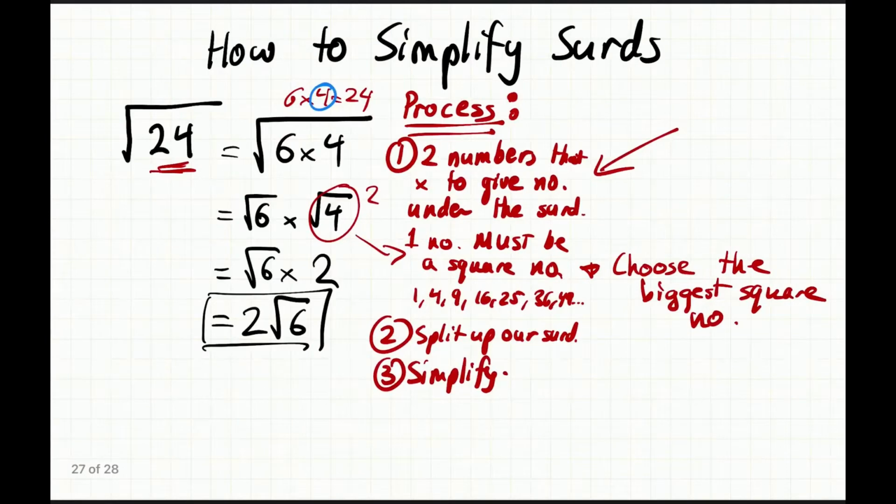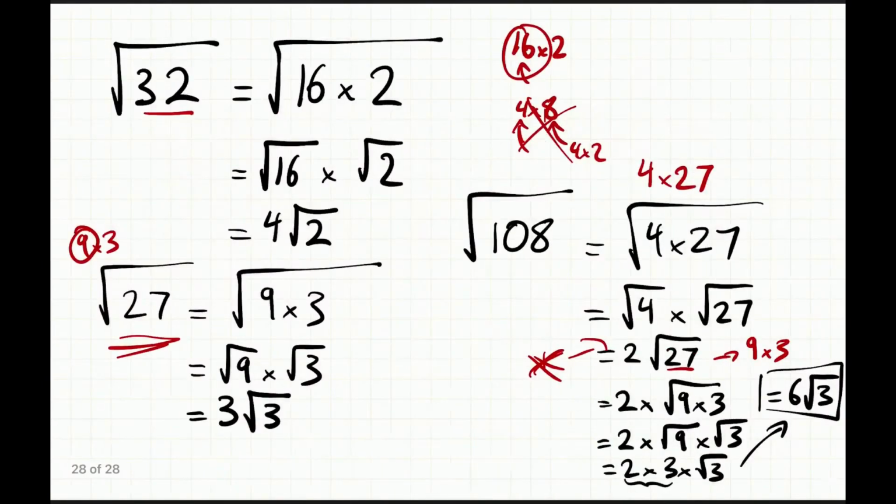Then you split up the surd in terms of the two numbers you chose, and then simplify by square rooting that square number. If you have a big number like 108, if possible find the biggest square number that goes into it. But if you need to split it up into steps where you use a smaller square number first, and then keep going and simplify the next big thing, then feel free to do so.